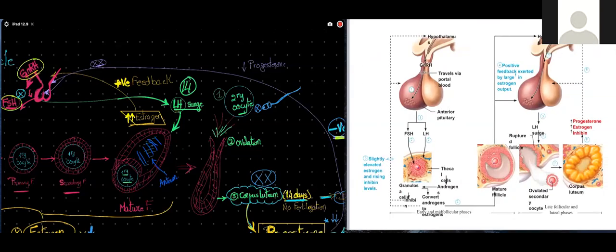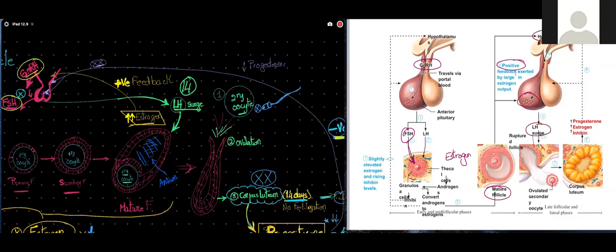This diagram is describing what we've already discussed here. GnRH stimulates the anterior pituitary gland to release FSH that stimulates the growing follicles. Those growing follicles are going to be releasing estrogen, and the large amounts of estrogen that will be produced from the mature follicle will have a positive feedback on the hypothalamus and anterior pituitary gland, stimulating the release of large amounts of LH.